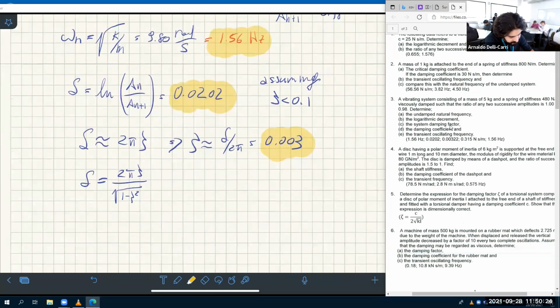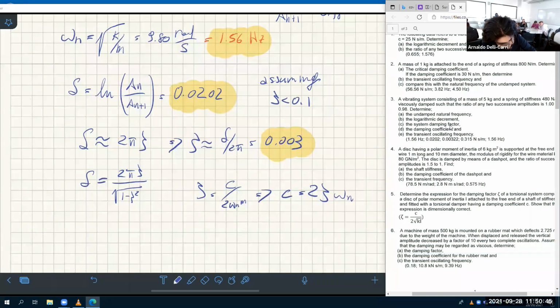Well, we know that zeta is C over C critical. Nice. That means that C, let's use C critical as 2 omega n m, is 2 zeta omega n m. There you go.